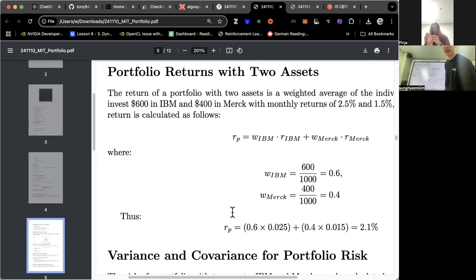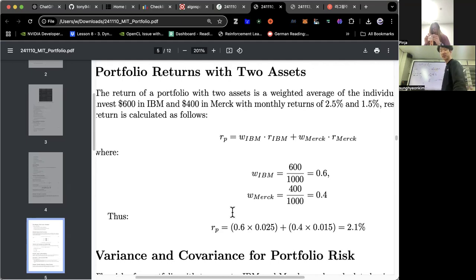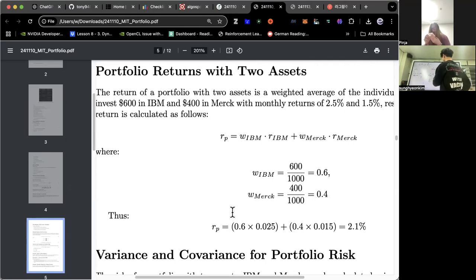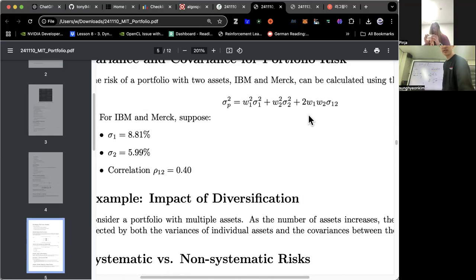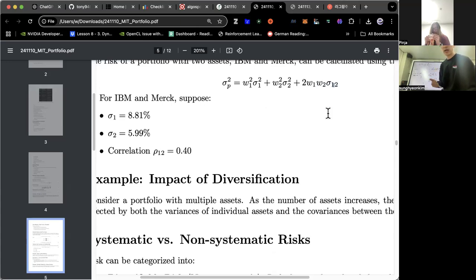We can calculate portfolio return with two assets, which will consist of W and R. Each portfolio return risk, in this case, we will also calculate the covariance, square root of covariance, which will also be related with the correlation coefficient, how they are related.